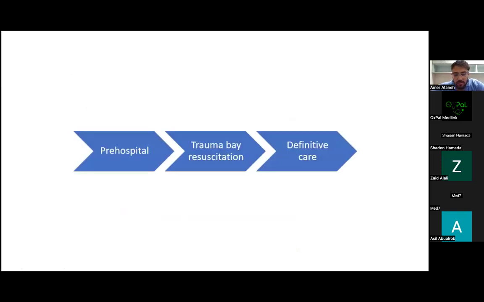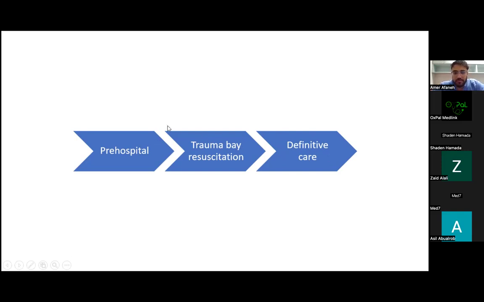When we talk about hemorrhage control, there are 3 phases where it plays in when you're dealing with a trauma patient. The different phases where we can affect and help the patient are essentially pre-hospital, before they arrive at the hospital; the trauma bay, ER or resuscitation area; and then definitive care, when they go to the OR, the ICU, or, if available, interventional radiology to get embolization, for example.